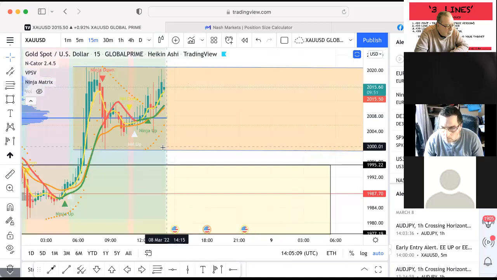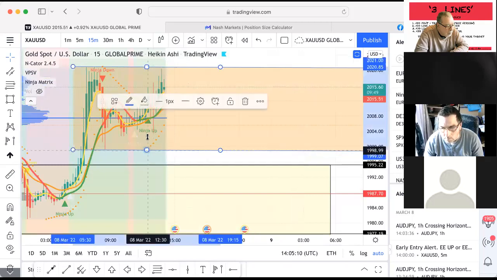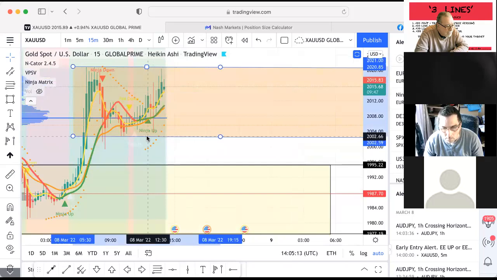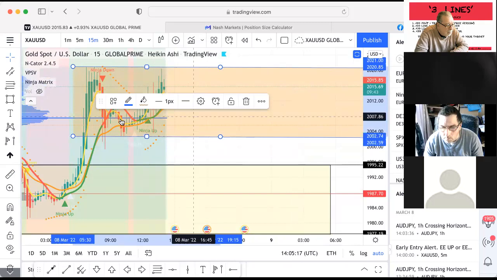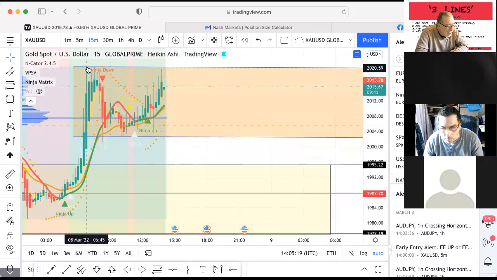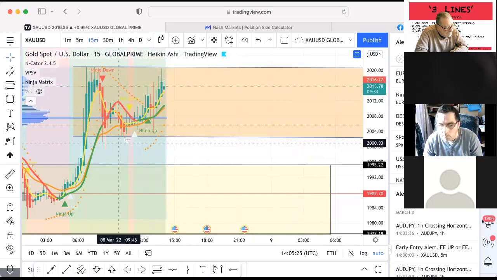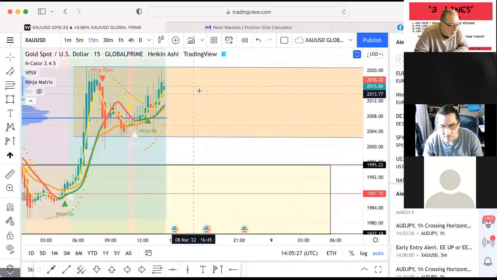We could potentially move that up to the bottom of there. And we've got price bouncing from a high there to a low there. Let's ignore that because, well, if price starts to go down, we'll have to reconsider it.